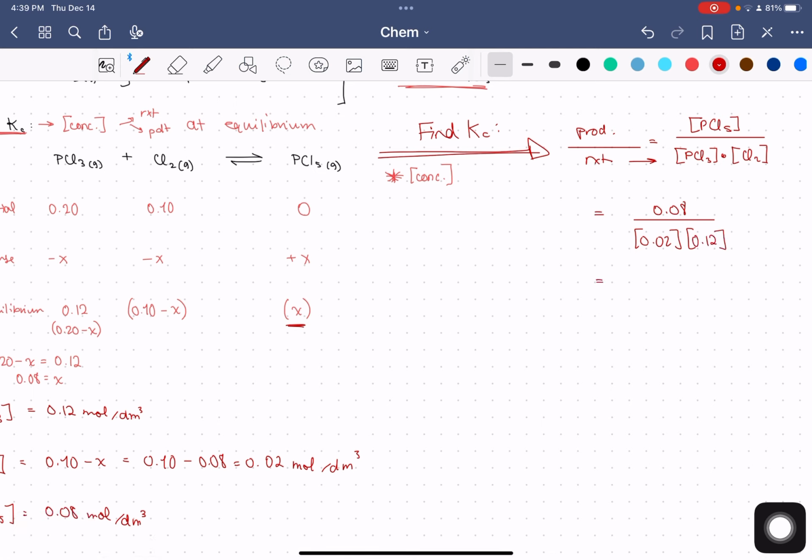Now if you do the math, 0.02 times 0.12 we're going to get 0.0024, and 0.08 divided by that, so 0.08 divided by 0.0024, we're going to get 33.3. And that is going to be our final answer. This is the value of Kc.